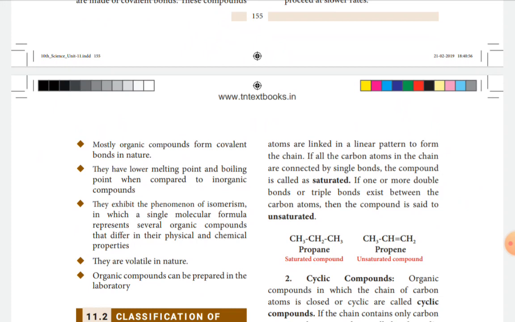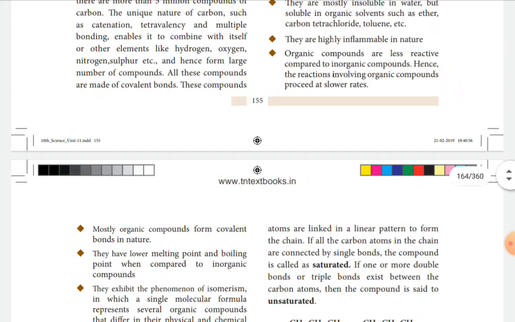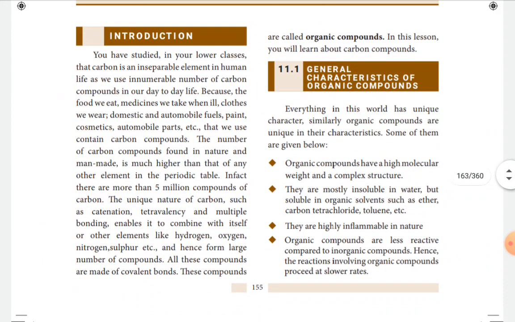They are volatile in nature, easily evaporate at normal temperature, and organic compounds can be prepared in the laboratory.